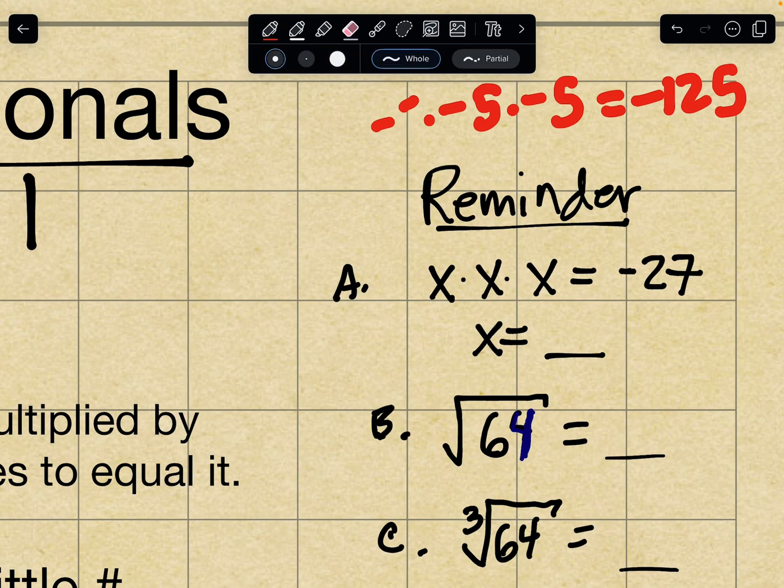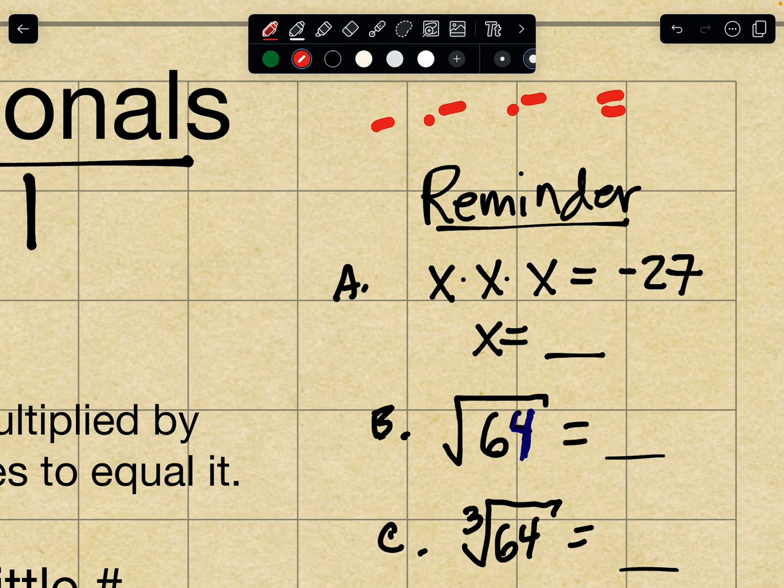So we say, okay, let's try something other than negative 5. Maybe negative 4. And that gets us negative 64 on our calculator. And if we tried negative 3, again, pull your calculator out, multiply that times itself 3 times, you get negative 27. Yay! So we know that x must be negative 3.